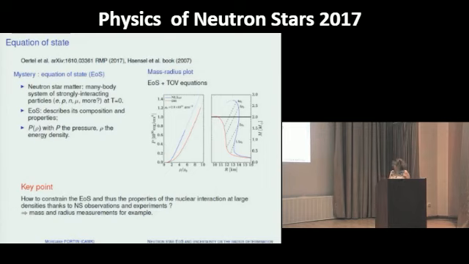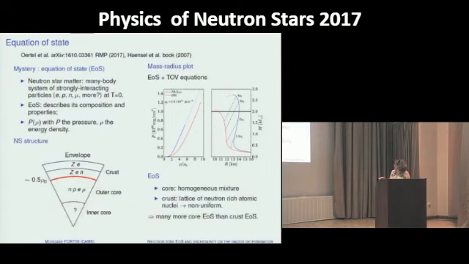There is actually a tricky point, because if you have a look at the neutron star structure, the core of a neutron star is made of a homogeneous mixture of baryons, so it's quite simple to calculate an equation of state for the core. An equation of state for the crust is more tricky to calculate, because the crust is formed of a lattice of nuclei, so it's non-uniform. The consequence is you have many equations of state for the core of neutron stars and not so many for the crust.